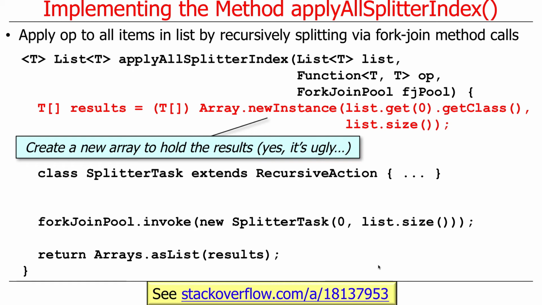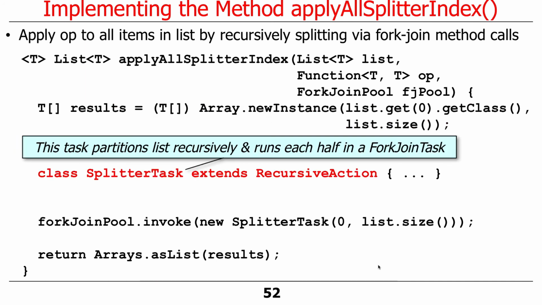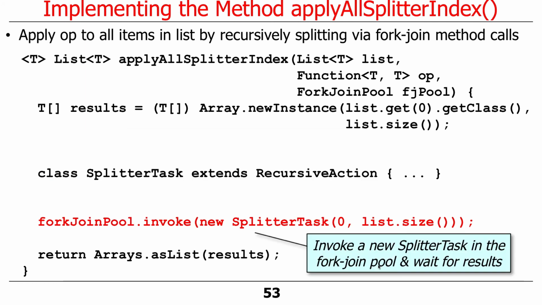All right, so we go ahead and make ourselves an array, which yes, it's ugly, but oh well. You can take a look here for learning more about how to do this. Here's the splitter task that's a RecursiveAction. We make ourselves a new instance, which again should be fjpool. This says new SplitterTask 0, list.size. What that's doing is saying, I want the entire range from the beginning to the end.